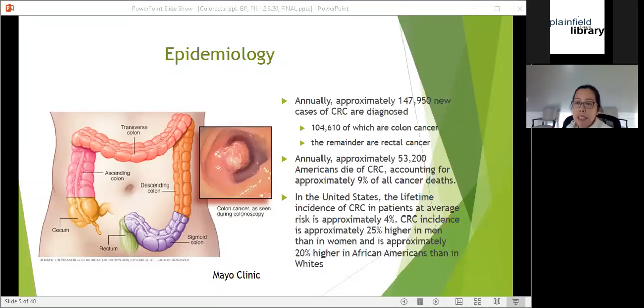The lifetime incidence of colorectal cancer in patients at average risk is approximately 4% in the United States. Colorectal cancer incidence is approximately 25% higher in men than in women, and approximately 20% higher in African Americans than in whites. Next.